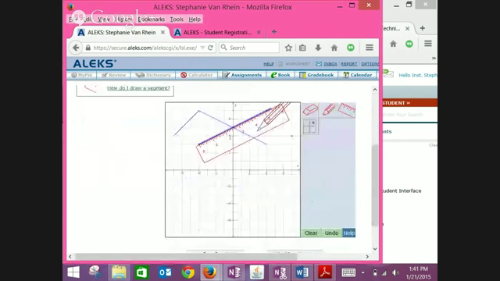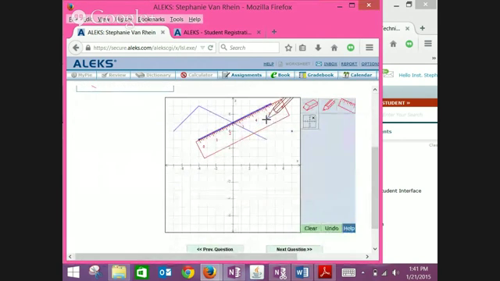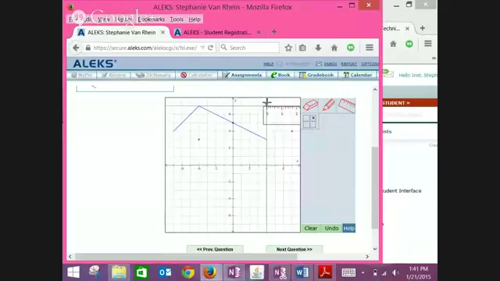And be careful that you don't go above your point. See how I went above my point there? I don't want to do that, so get my point back. This was -4, 7, so this would be 4, 7. So when I get my ruler, when I draw it, I only want to go to that point.